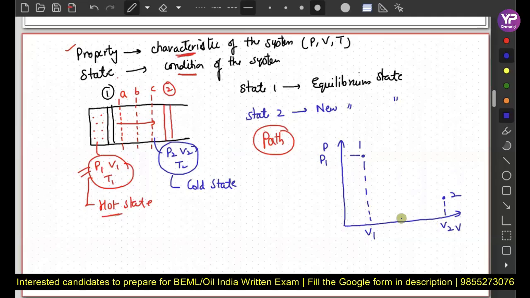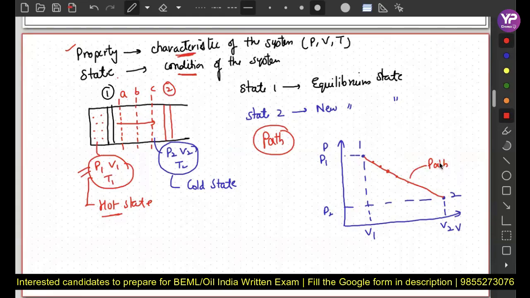At state 2, volume is V2 and pressure is P2. Now, when the piston is moving from 1 to 2, it is carrying out different states in between the motion. When I connect the different states here, we define a path. So this is our path.